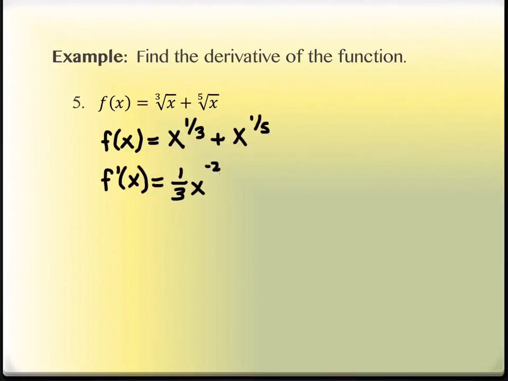So the way I get the new exponent is by taking the 1/3 and subtracting 1. So 1/3 minus 1 is negative 2/3. We're going to do the same thing with the 1/5. I've got my 1/5 I pull down. And then I need to take the 1/5 minus 1. Negative 4/5.